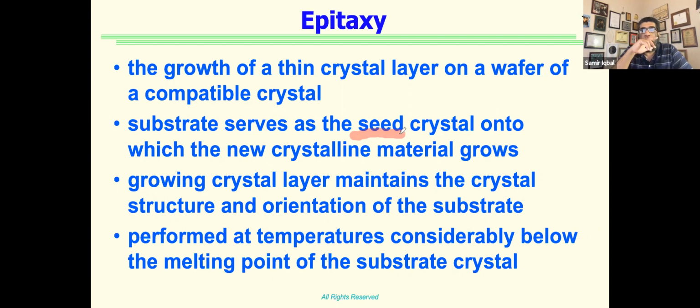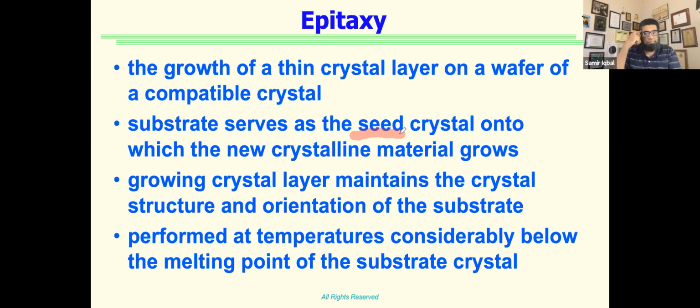Now, why does it have to match? Because once you grow something on top, we want the new layer to have the same structure and the same orientation. I cannot force it, because remember, every material has a specific lattice constant. What I'm trying to grow, I know what lattice constant it would have, and I know what's below.